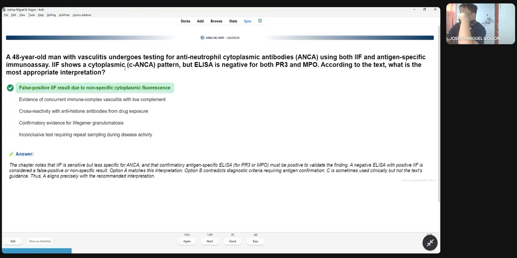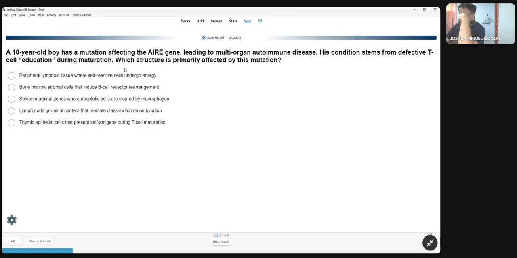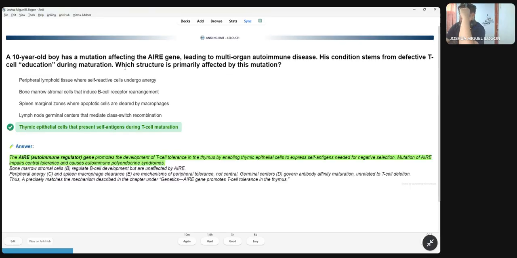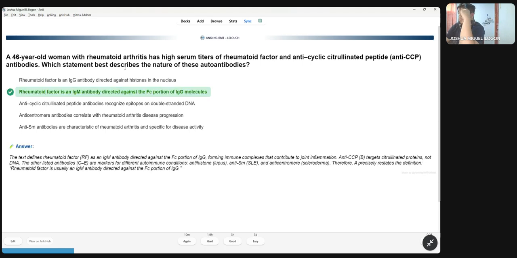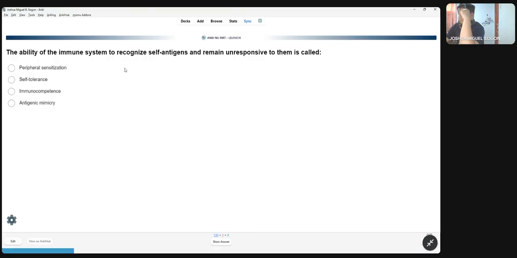False positive. Oh, okay. Bone marrow. Oh, defective. So thymus.